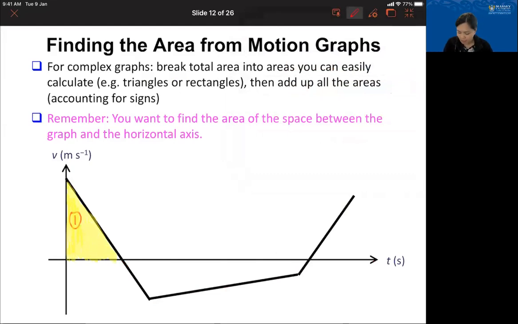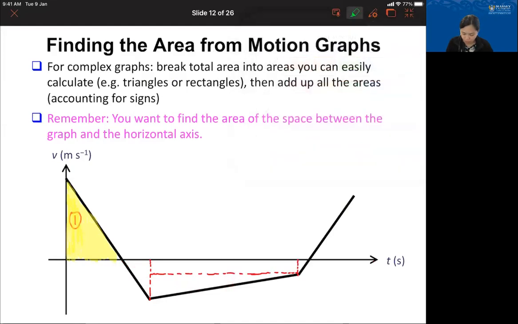And then with this portion here, it's an irregularly shaped thing. So you can divide that, for example, into a series of triangles, like that, so that you have a triangle here, a triangle there, and you can even further divide this.